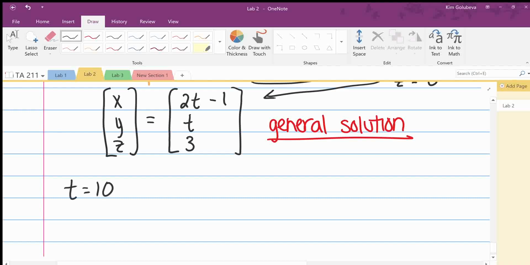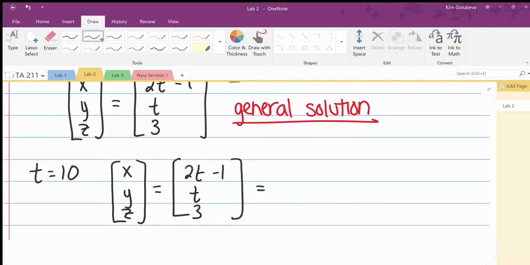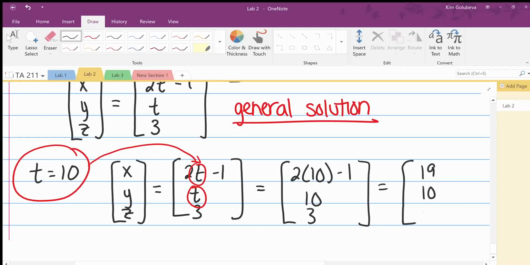All you're going to do is plug it in. So x, y, and z equals 2t minus 1, t, and 3. If we're choosing t to be 10, all you're going to do is plug in 10 for wherever your t's are. So it's going to equal 2 times 10 minus 1, 10, and 3. So this equals 20 minus 1, so 19, 10, and 3.